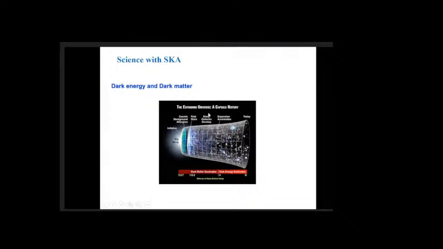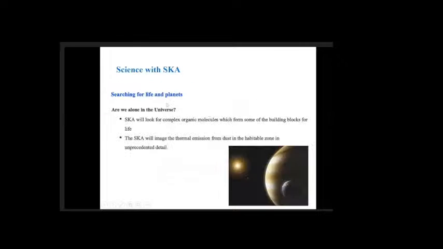And then it can also give you an idea whether we are alone in the universe, like only Earth has life, human lives, or whether there are other planets where life can form. So basically it will look for organic molecules, that is the basic building block of life.